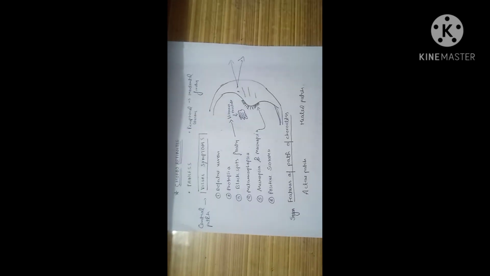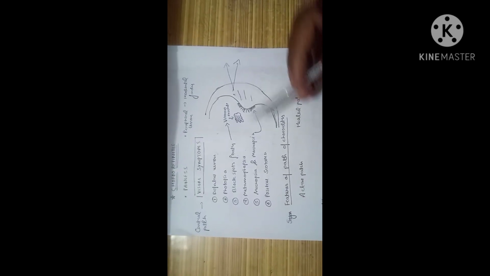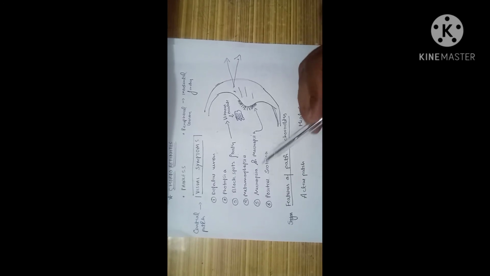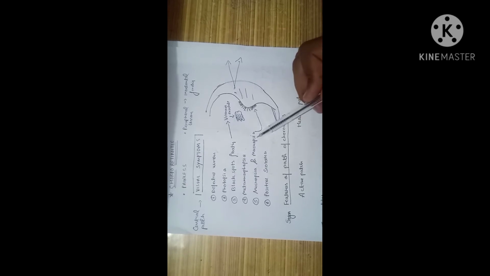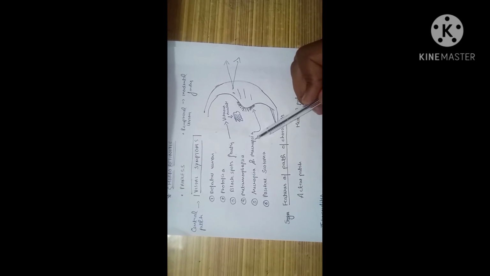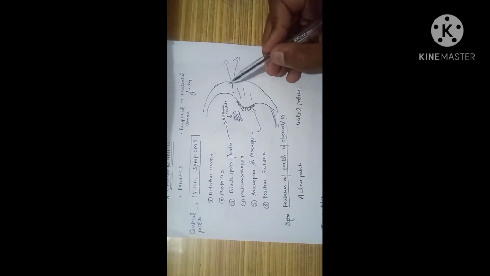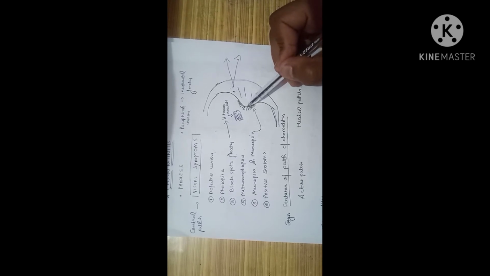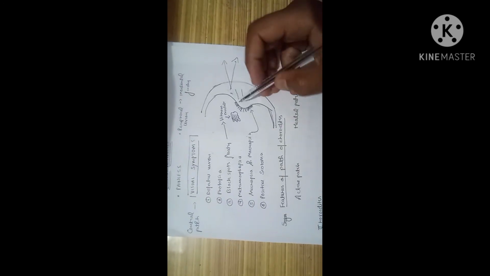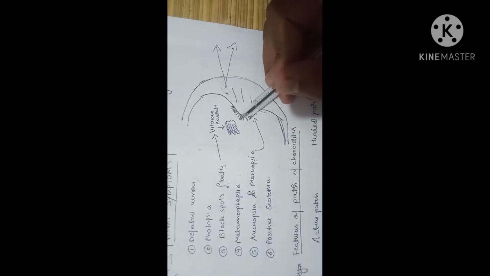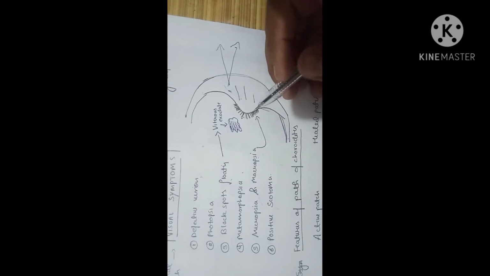Now let's understand the next sign, that is micropsia and macropsia. Micropsia means perception of a smaller image, and macropsia means perception of a larger image. What happens is that when there is an elevation of the choroid, along with it the rods and cones configuration is altered. Consider this, these are the rods and cones.